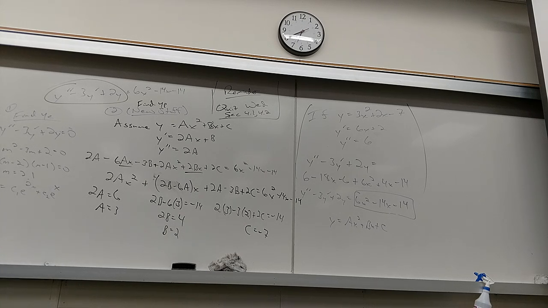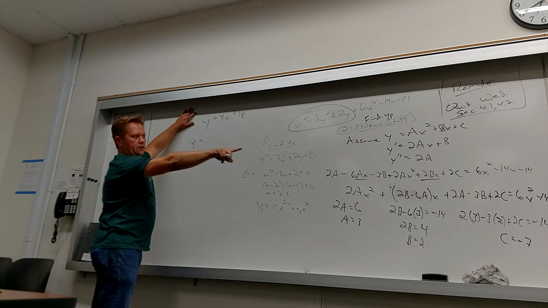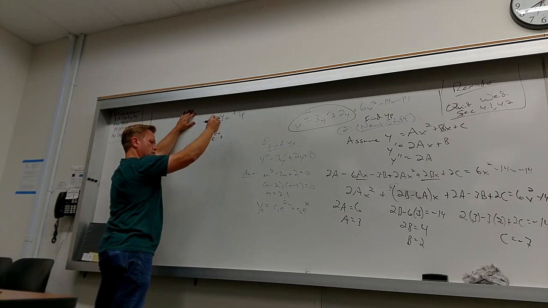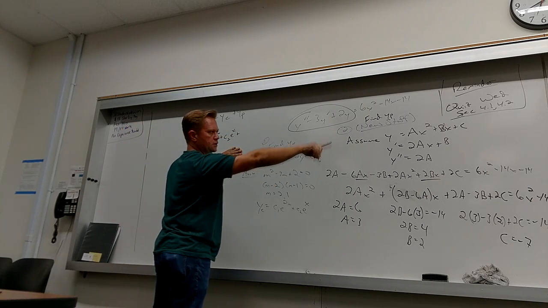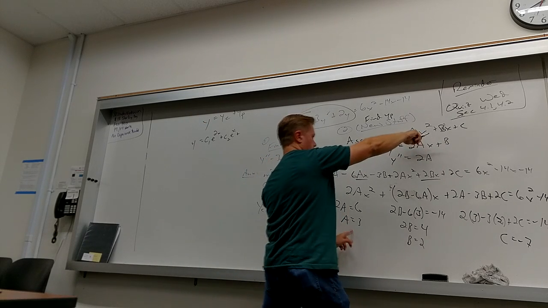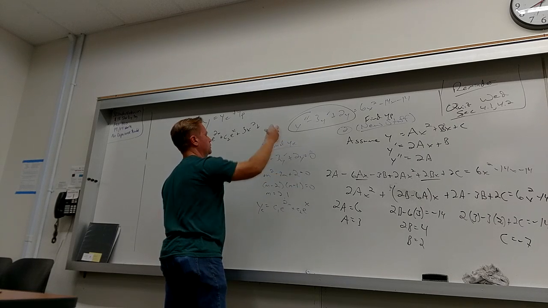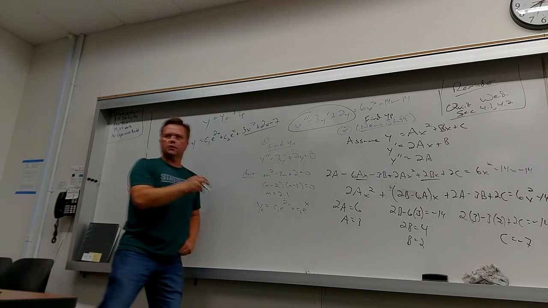So what is the complete solution? It'll be y equals yc, which was here, C1 e to the 2x plus C2 e to the x, plus yp, which is now 3x squared plus 2x minus 7, which is what we started with over there, of course, right?